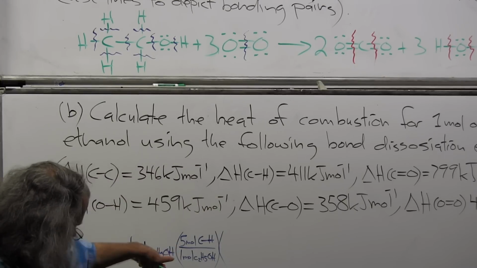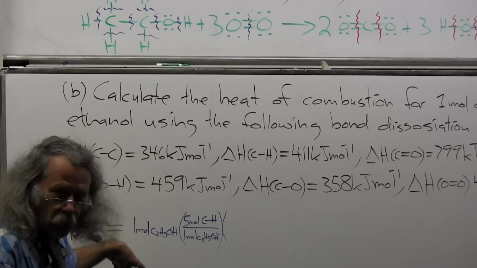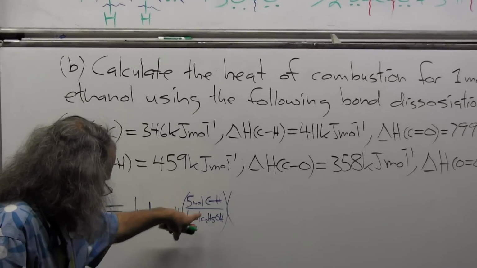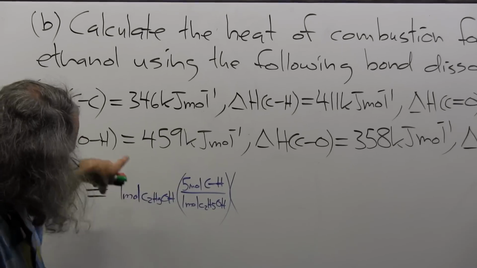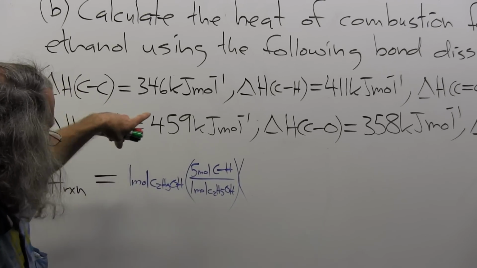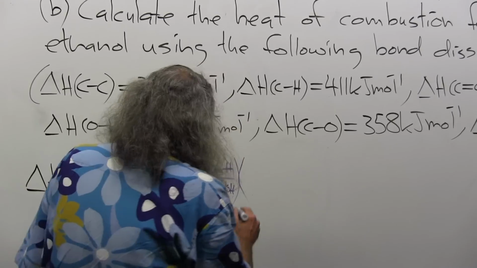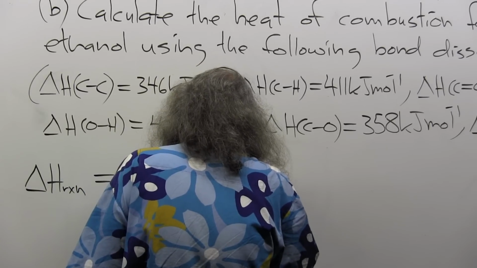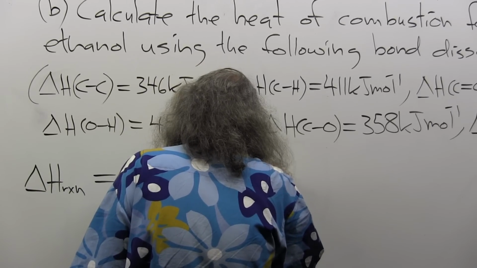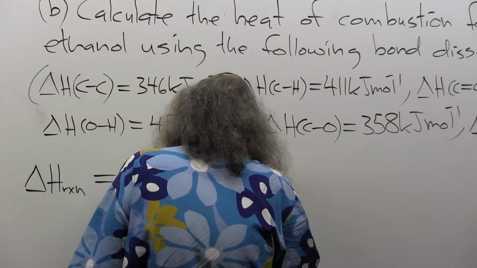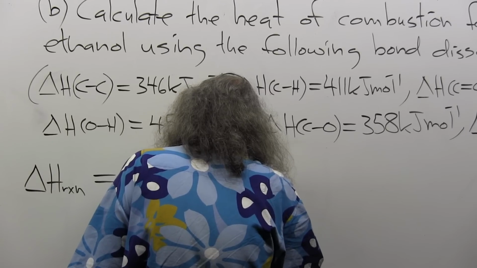Now I can show that in my dimensional analysis. I need to include the energy that goes into breaking a CH bond. There's 411 kilojoules for every 1 mole of CH.